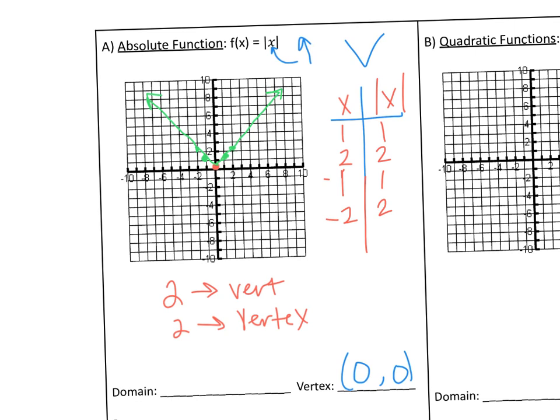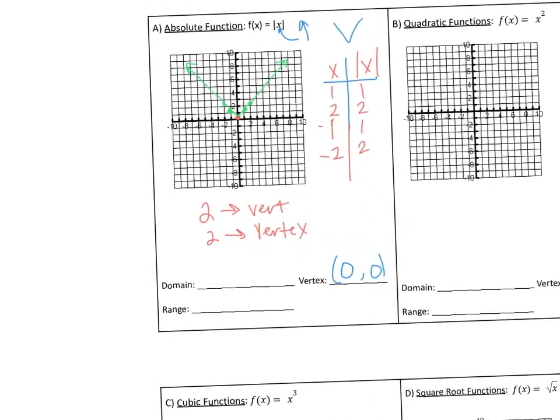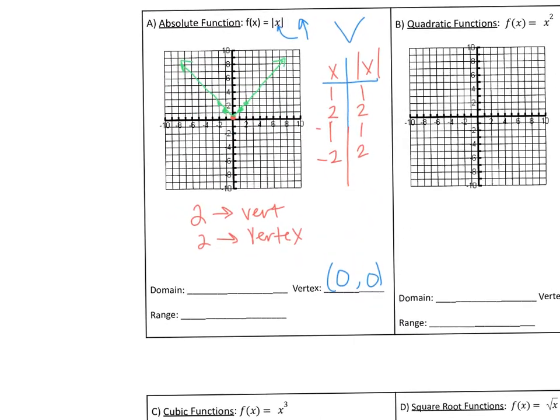Okay? So now we need to talk about domain and range. I want to shrink this a little bit and move it up. I want to get out a different marker. We're going to have to use yellow. So domain and range. If I go from left all the way to the right, now listen, the point that's furthest to the left on my graph is an arrow.